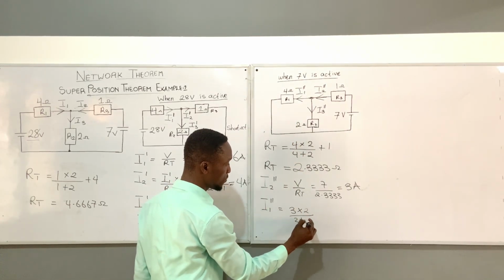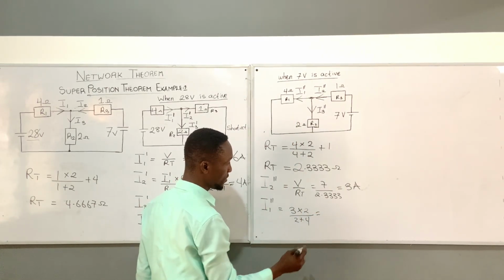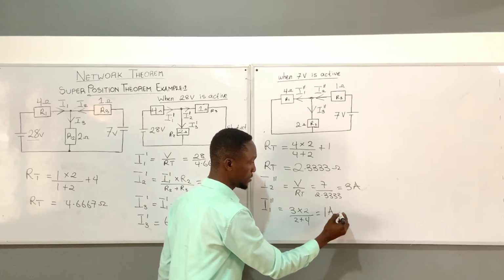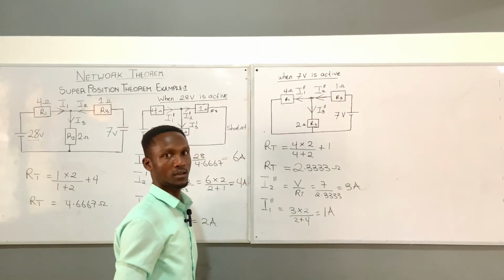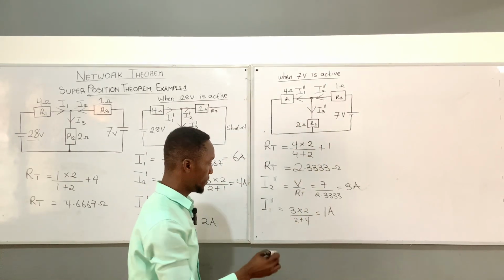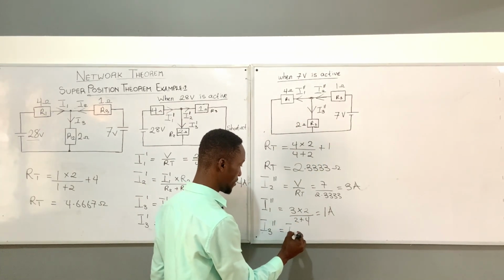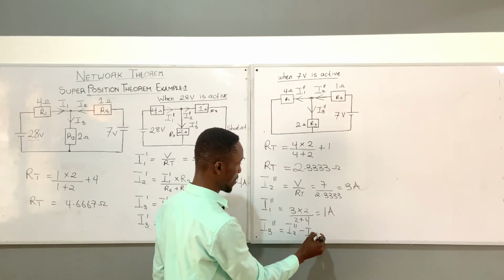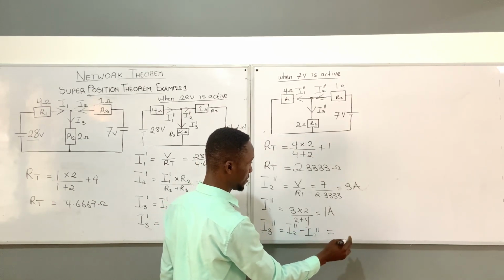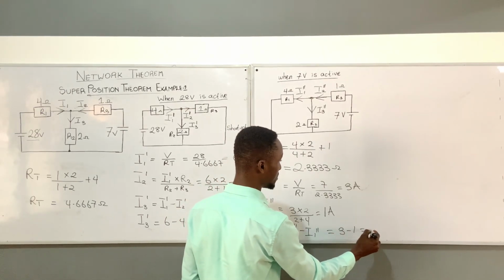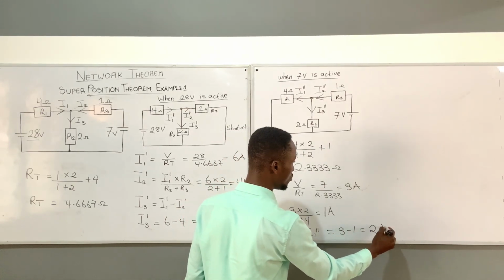So we have 2 plus 4, which is 6 over 6, giving us 1 amp. Now we can find the last one, which is I3 double prime. So we have I2 double prime minus I1 double prime. This result is equal to 3 minus 1, which is equal to 2 amps.